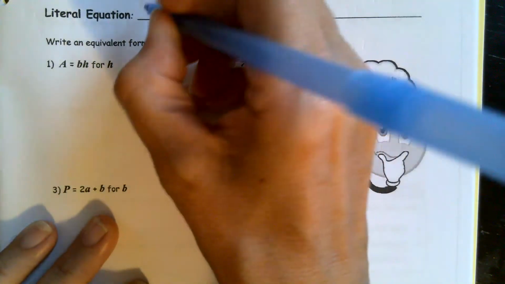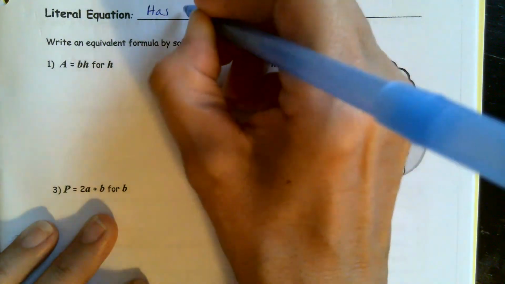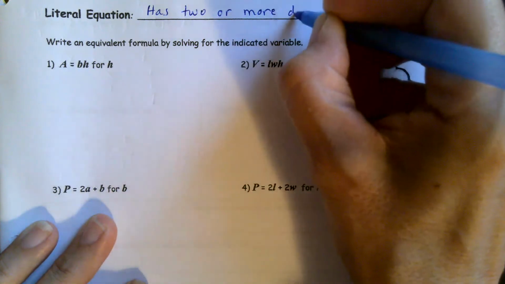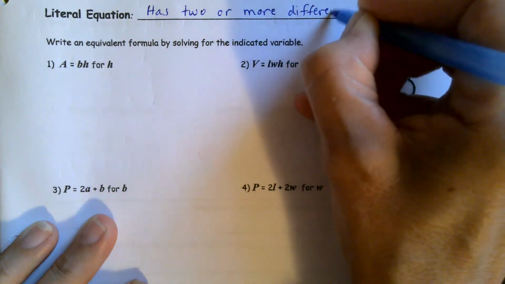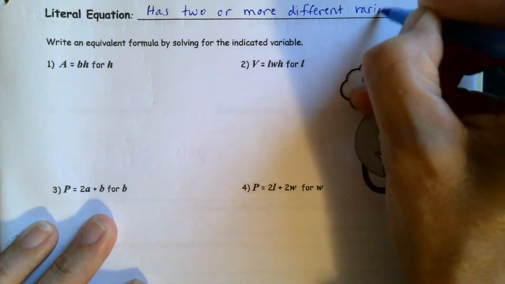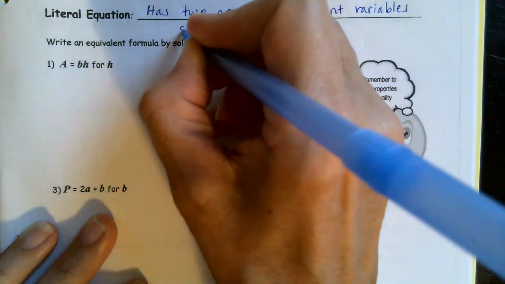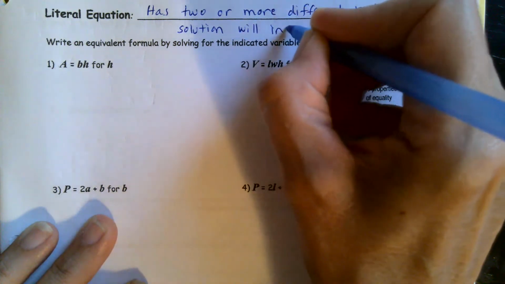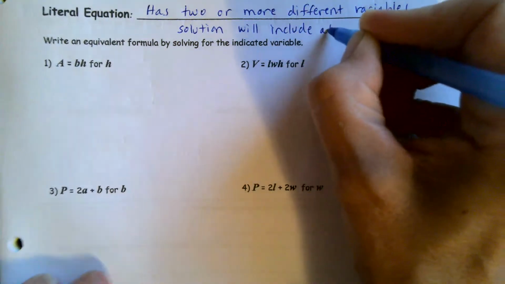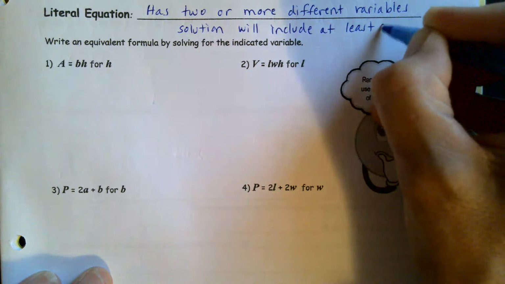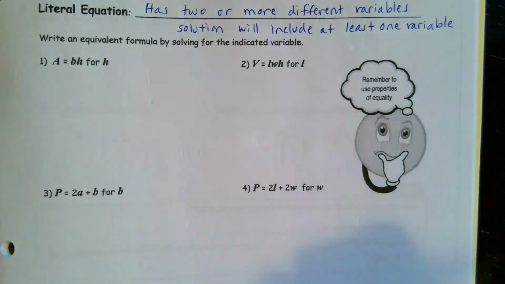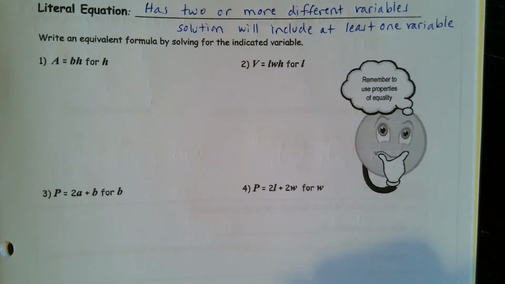A literal equation has two or more variables, different variables. And when we solve a literal equation, the solution will include at least one variable. So your answer won't simply be a number. It may be a variable or more than one variable.